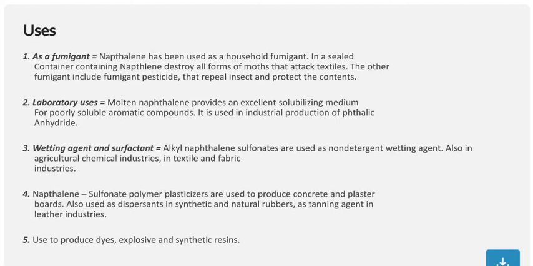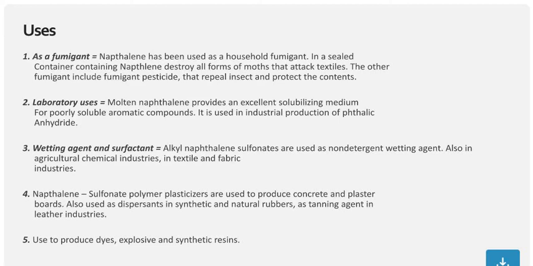So that is very important. Sometimes you will see naphtha tablets people are using. Laboratory uses. Molten naphthalene provides an excellent solubilizing medium for poorly soluble aromatic compounds. It is used in the industrial production of phthalic anhydride.